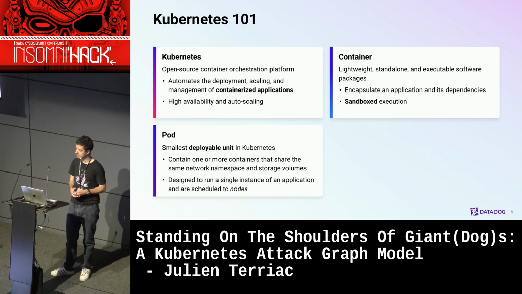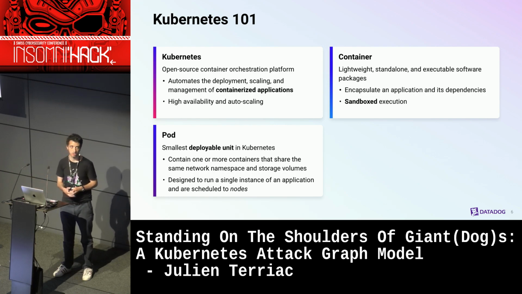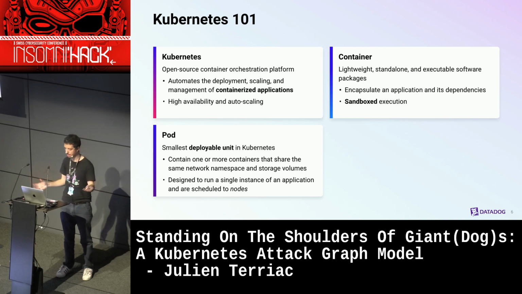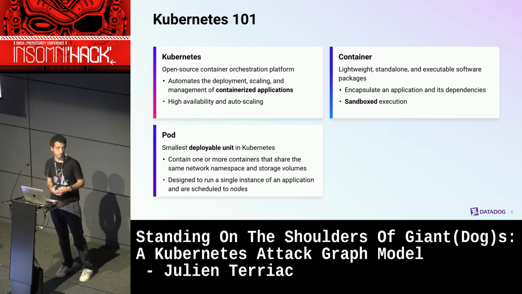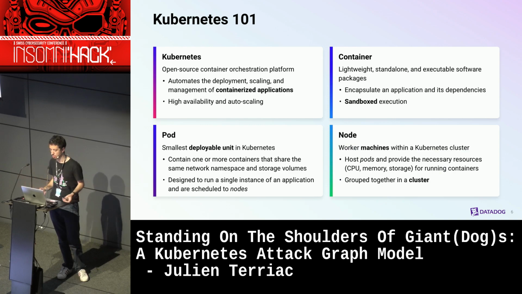The other important one is the pod. It's the smallest deployment unit in the Kubernetes world. It's really designed to handle and leverage all the containers, with namespace, storage volume and everything, and all the pods are put together on a node.